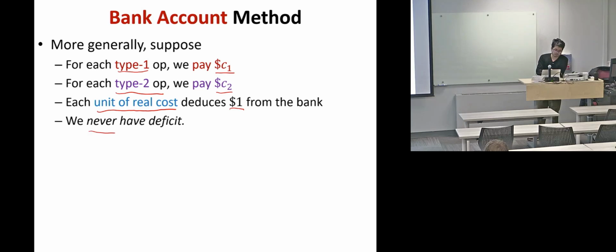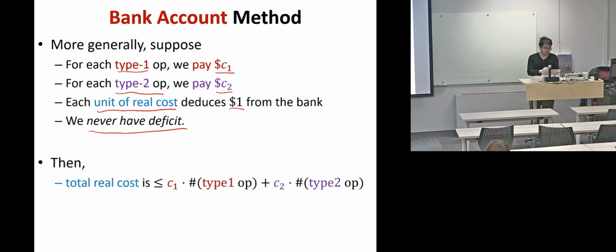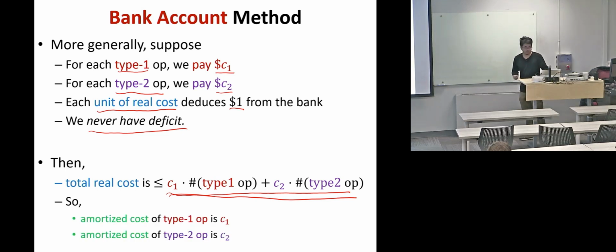If you never have a deficit, then the total cost is at most the total money that you paid, and so the amortized cost is just C1 and C2 respectively.